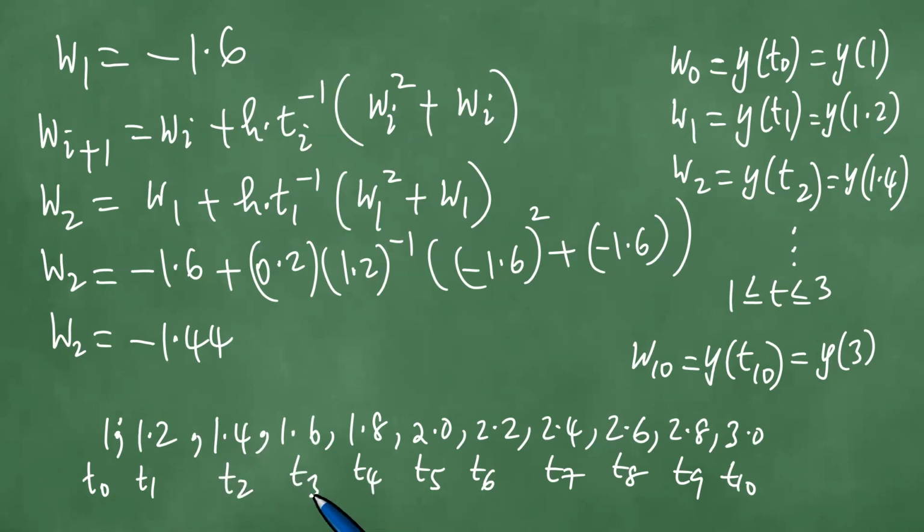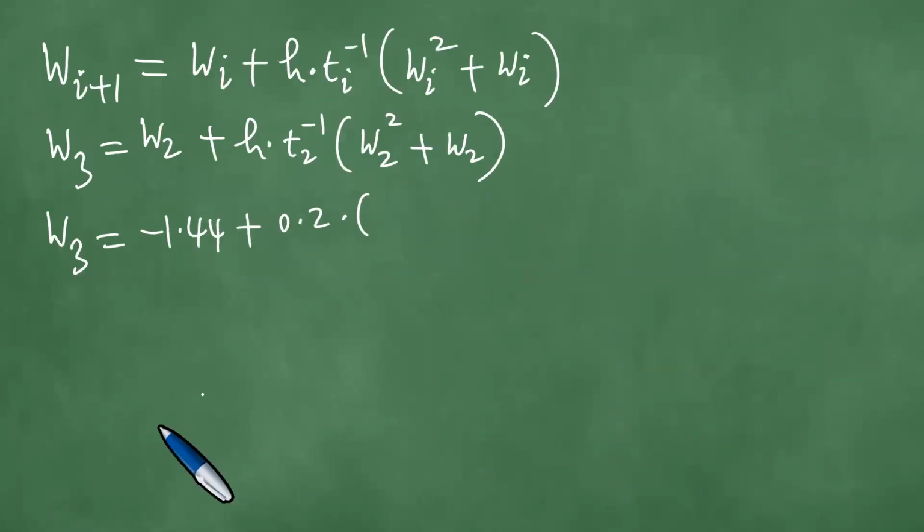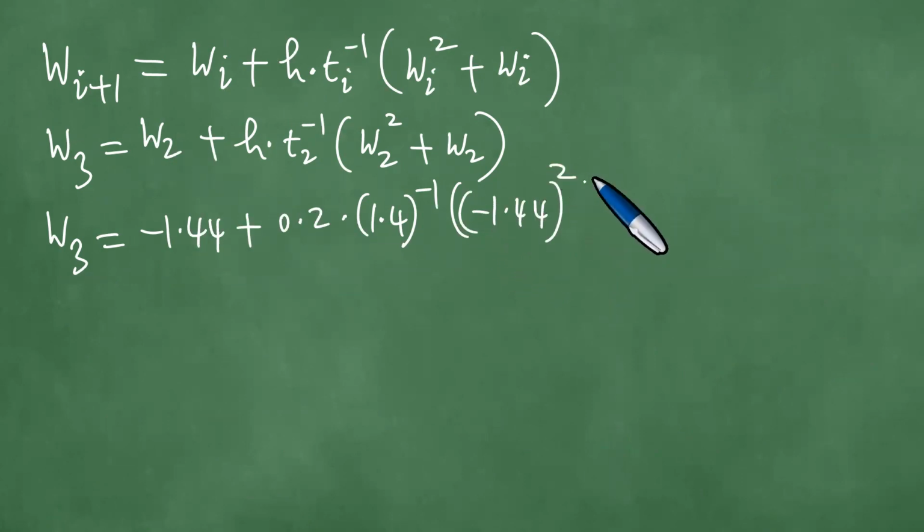T3 is 1.6, so T2 is 1.4. 1.4 raised to the power. Okay, then you have W2, minus 1.44. Okay, this we're just practicing now. Plus minus 1.44.